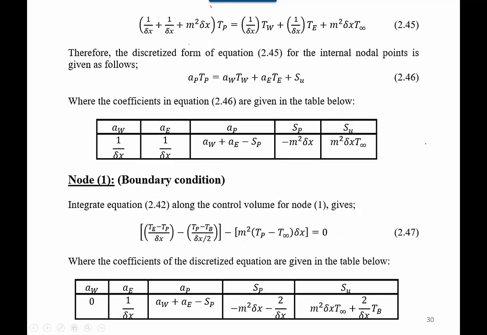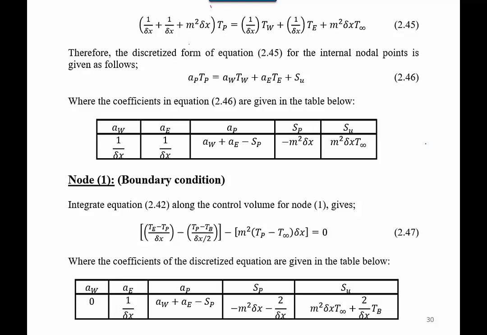Again, we redo the same procedure for control volume number 1, which is at the far left side of the domain, which is the boundary condition with a temperature T B, therefore there is no west temperature.